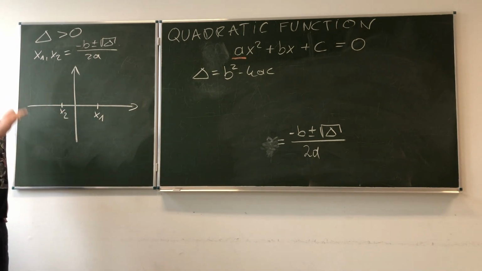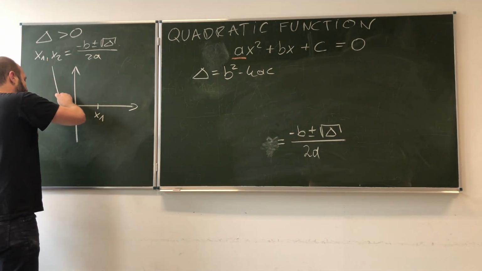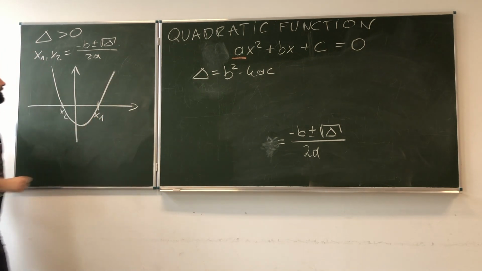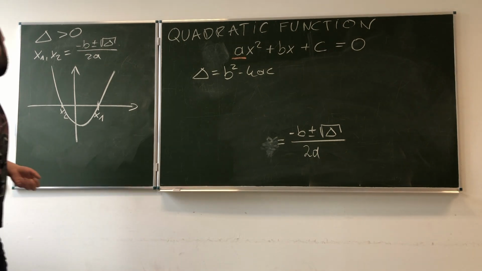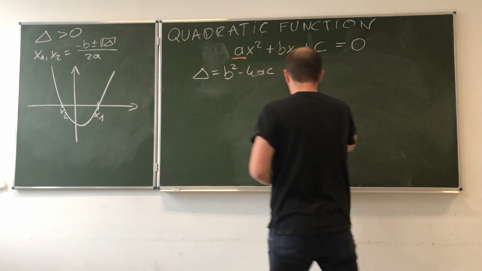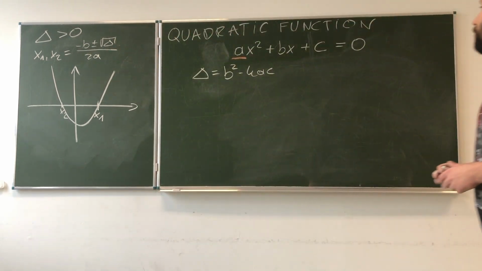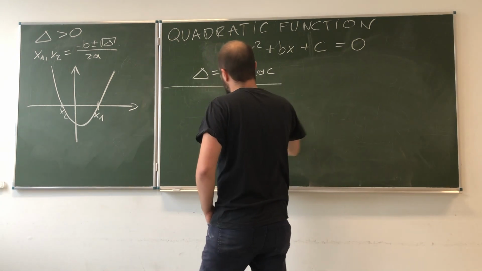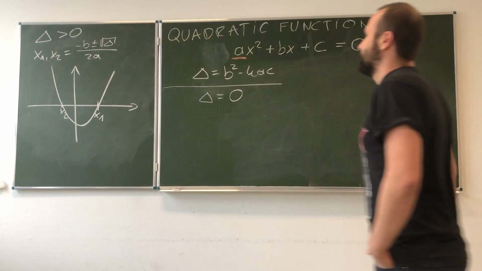And of course, let's assume for simplicity that a is bigger than 0, then our parabola will look like this. Okay, so this is case number 1. What if now it turns out that we calculated delta, and delta is exactly equal to 0.